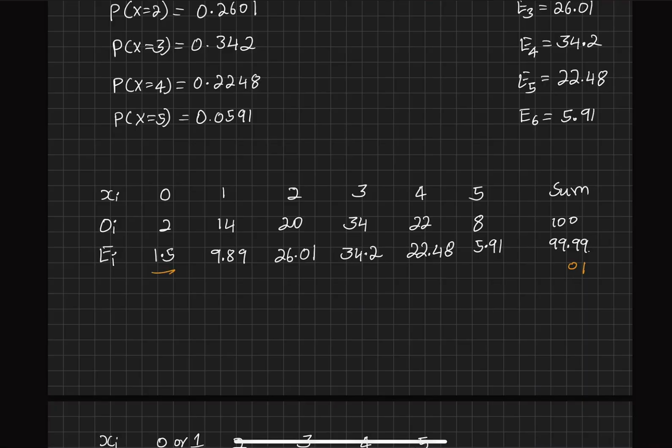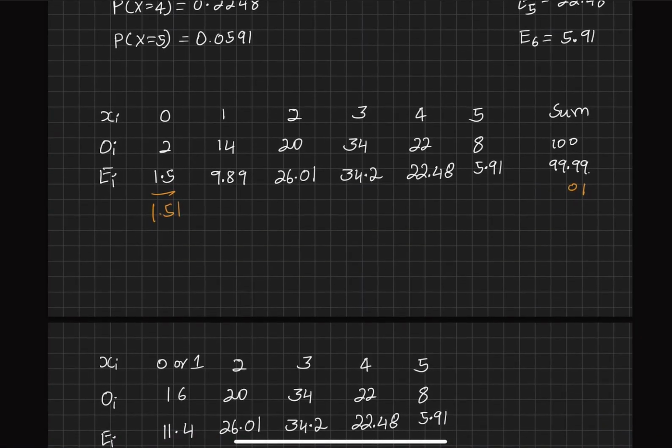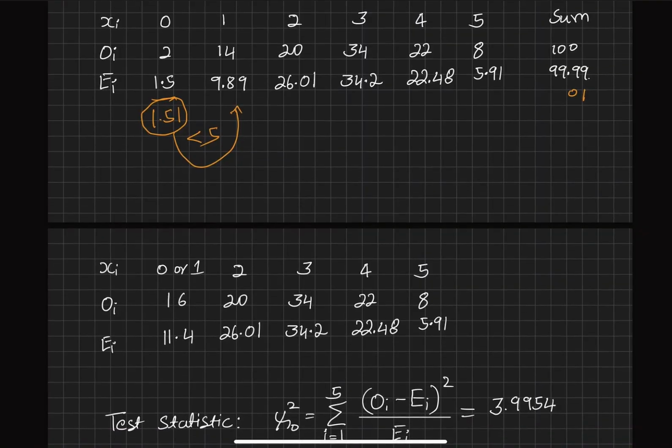I'll add it to the first one because that is a small value, making it 1.51. And we can also observe that this first expected value is less than 5. We cannot proceed as it is. We have to add this value to the nearby value. So if I make a rearrangement, the first class will correspond to 0 or 1, and the second one will be for 2, 3, 4 and 5.